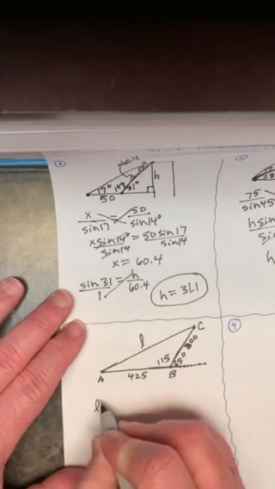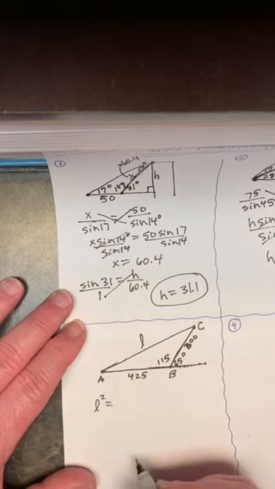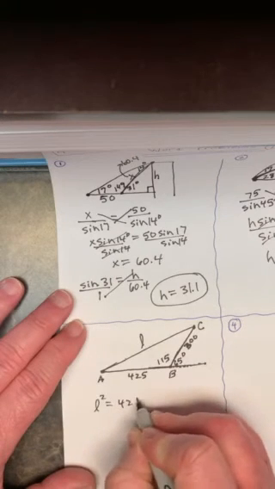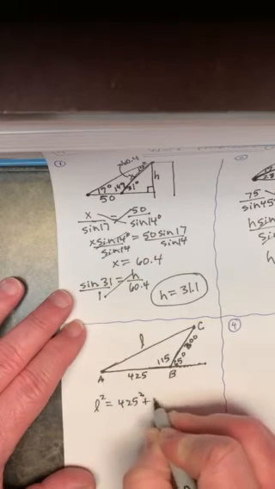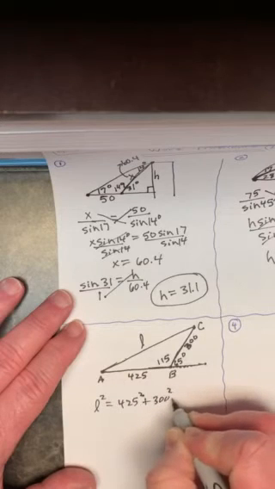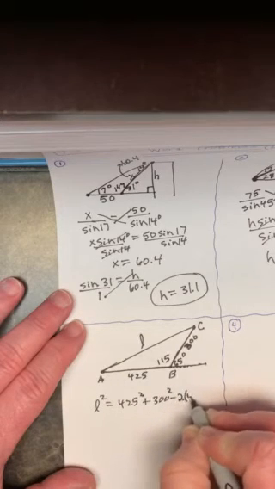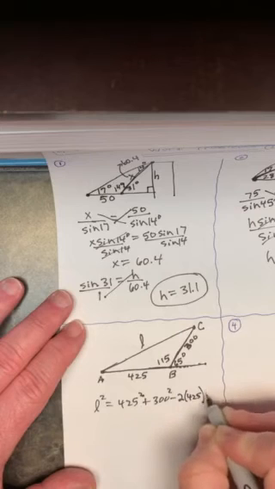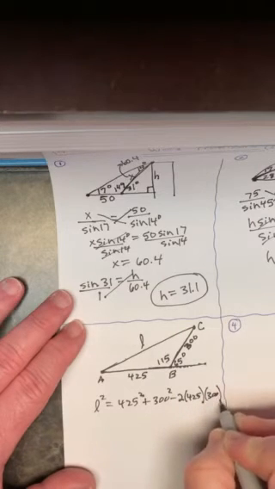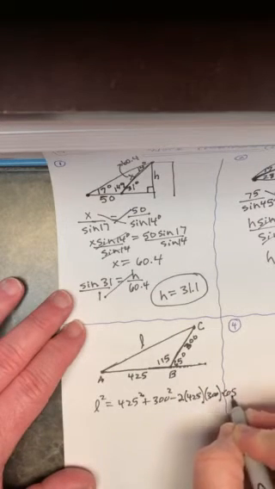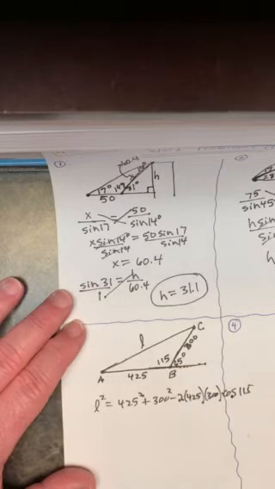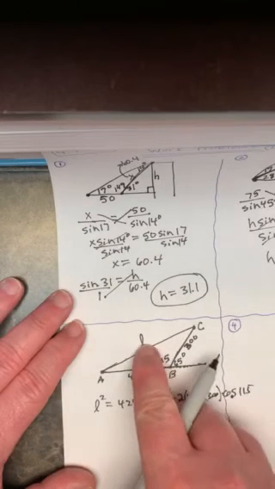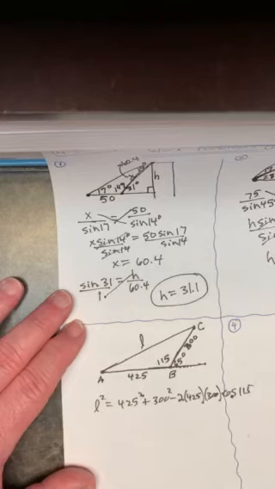Couldn't I just do L squared equals, and then what? 425 squared plus 300 squared minus 2 times 425 times 300 times the cosine of 115, because we're taking the angle that's across from that missing side.